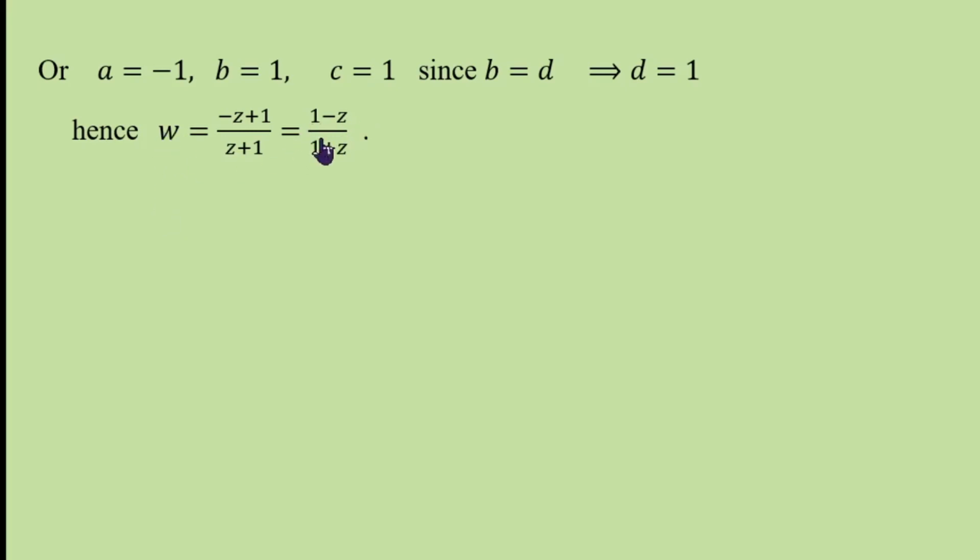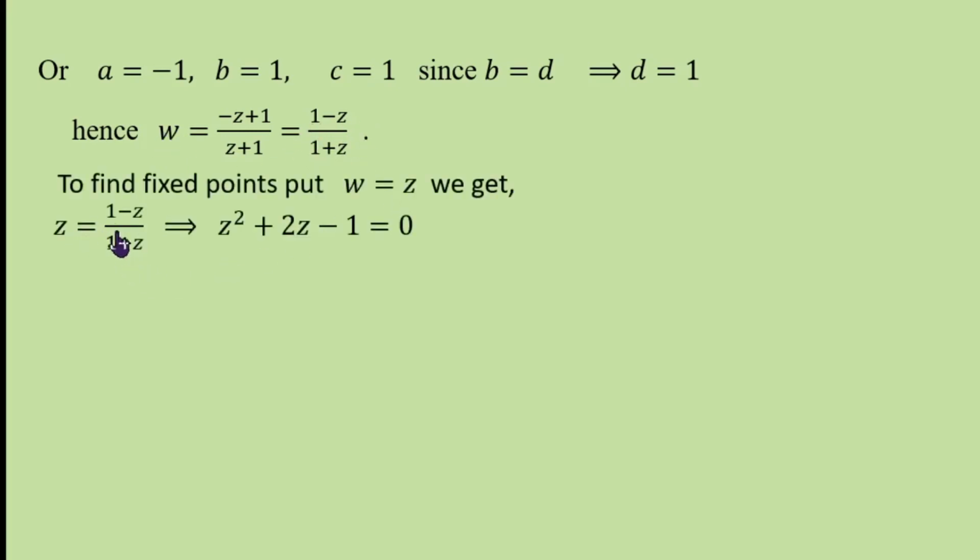Z equal to (1 minus Z) by (1 plus Z). When Z is (1 minus Z) by (1 plus Z), Z plus Z square is 1 minus Z, or Z square plus Z plus Z, that means Z square plus 2Z minus 1 equal to 0. So, you know how to solve this quadratic equation.